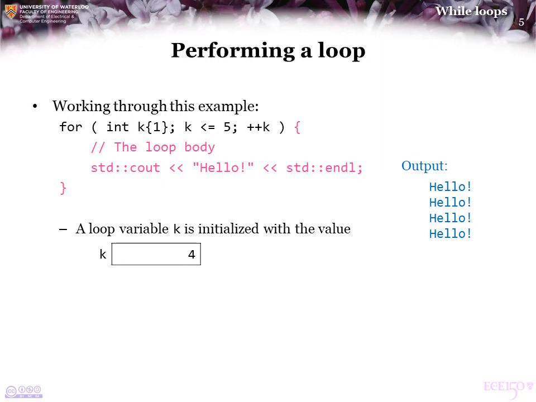We execute the body, and we update the value of k. 5 is less than or equal to 5, so we execute the body and we increment the value of k. At this point, 6 less than or equal to 5 evaluates to false, and the loop stops executing, and we carry on executing any statements that appear after the end of the closing brace of this for loop.